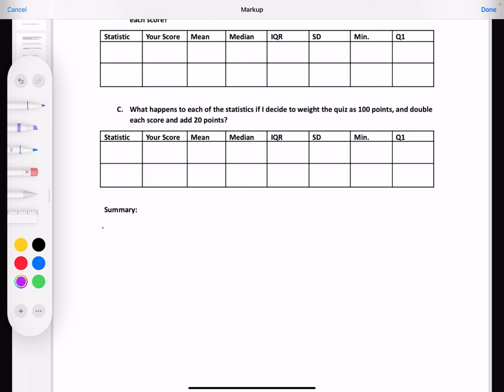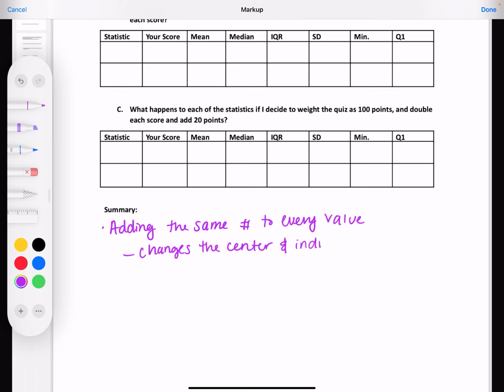All right, so when adding the same number to every value, like we just did in the first one, it changes the center and individual values. That's talking about your mean and your median.